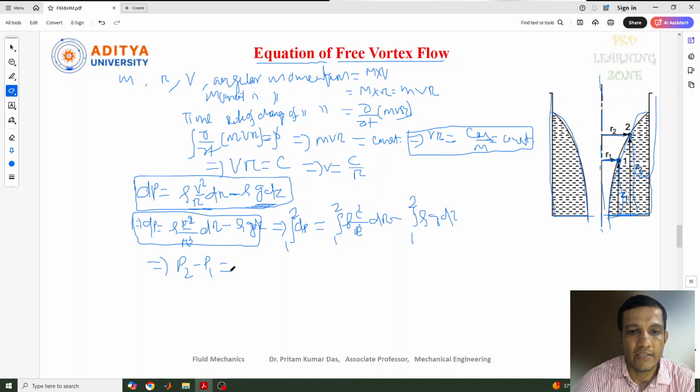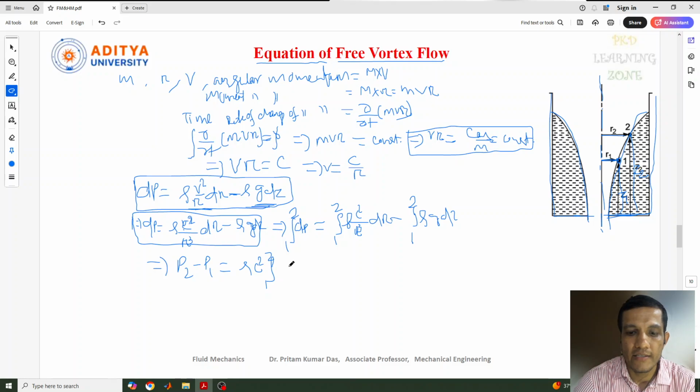Next we'll get rho C square, let's take it outside as it is a constant, and the integration from 1 to 2 of the remaining part, 1 by r cube, because dr is there.